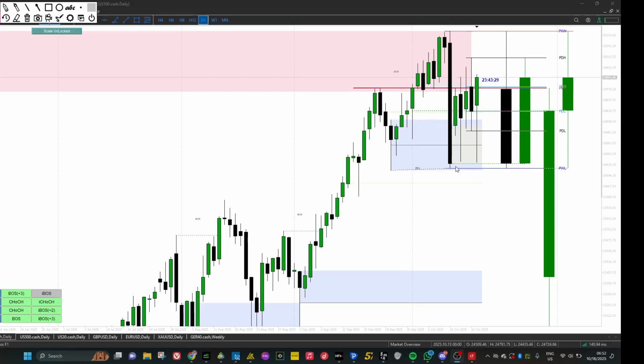So the previous weekly low and the previous weekly high was here and here. We didn't really create any new price action in terms of creating any new structure.